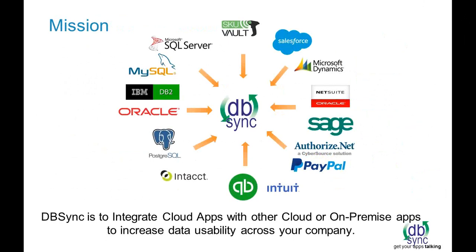Some of the new connectors that we've added include Sage, and some of the older connectors that we've had are QuickBooks and QuickBooks Online, and also some of the cloud ERP systems that we support, like Intacct and NetSuite, and so on. Along with interacting with these APIs, we also support integrating with all of the major databases like SQL Server, MySQL, DB2, Oracle, and so on.